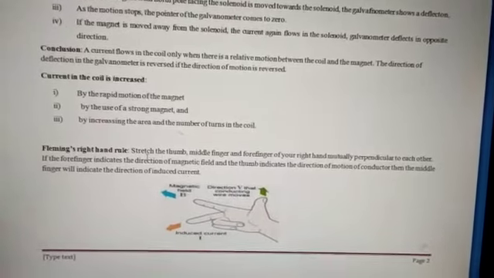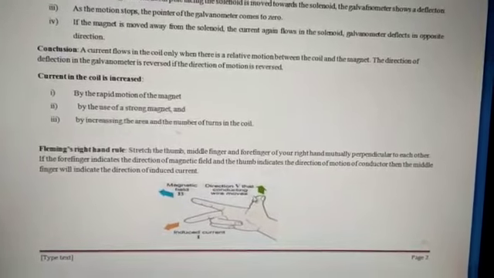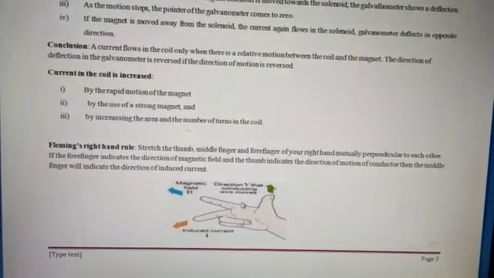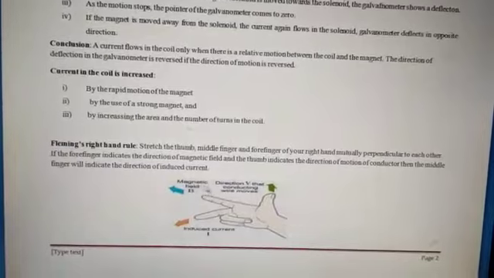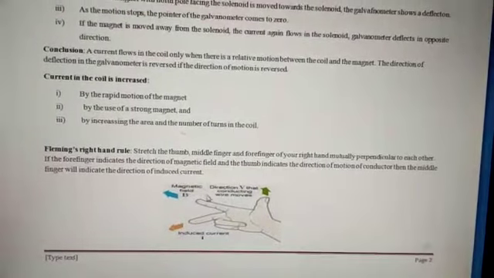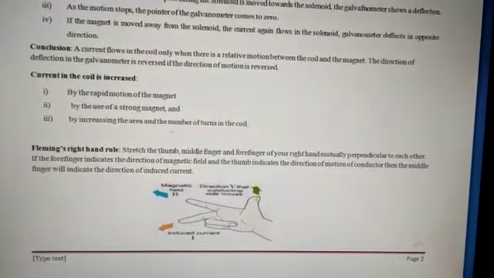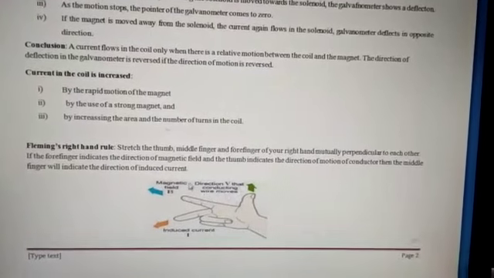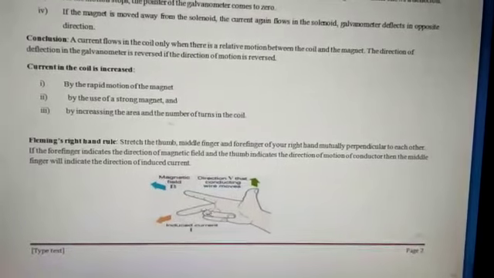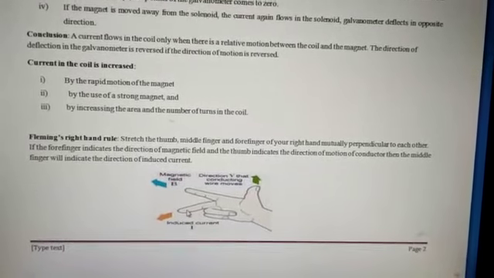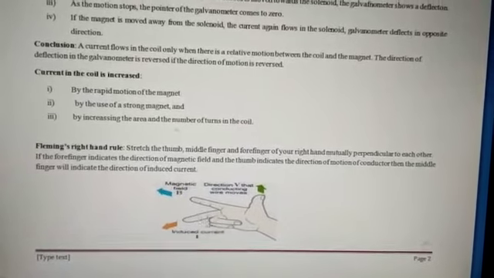Now we need to find out the direction of the magnetic field and also the direction of the wire, that is, the motion of a conductor, and how the electricity, or we can call it the EMF, is induced in the coil.